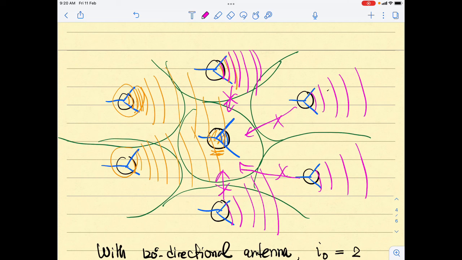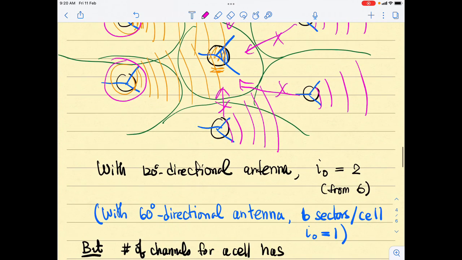So we essentially reduce the number of co-channel cells from 6 to only 2. Okay, so with 120 degree directional antennas, with 3 sectors per cell, we see that the number of closest co-channel cells is reduced from 6 to 2. We can do this even more with an even narrower angle.